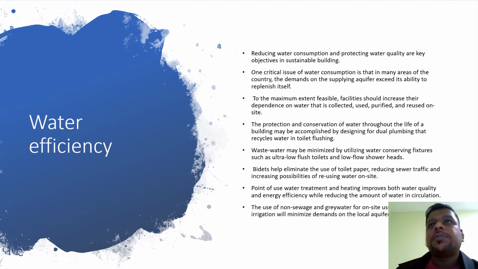Reducing water consumption and protecting water quality are key objectives in sustainable building. One critical issue of water consumption is that in many areas of the country, the demand on the water supply aquifer exceeds its ability to replace itself.